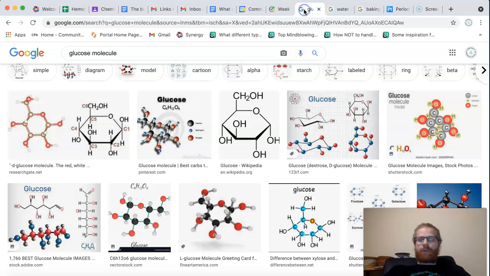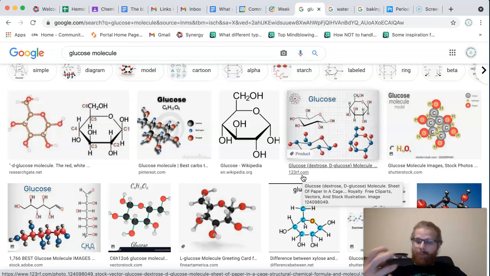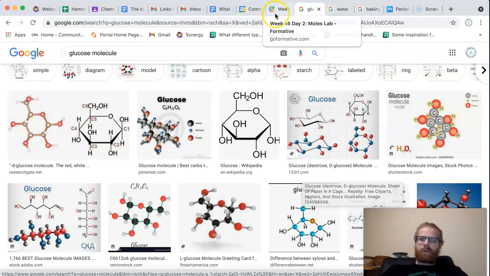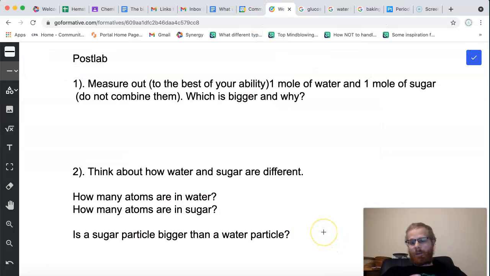When we look at a sugar or a glucose molecule, there's a ton of atoms in that molecule. Check it out. Tons of atoms. 6 carbons, 6 oxygens, 12 hydrogens, tons of bonds. It's a really bulky molecule. So just simply by thinking about these two molecules and the atoms in them, we can see that sugar particles are very clearly bigger.